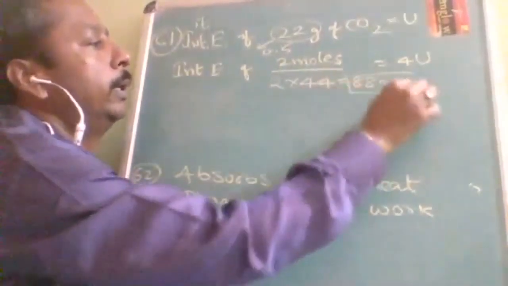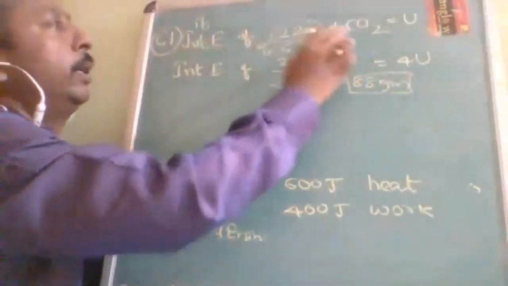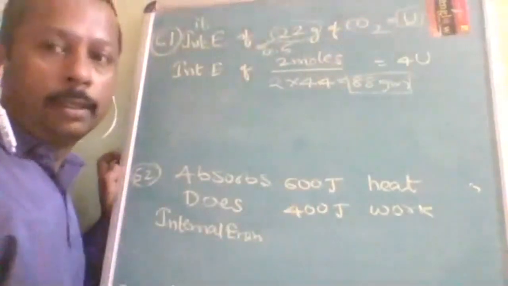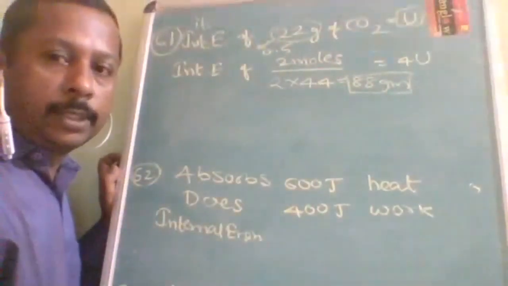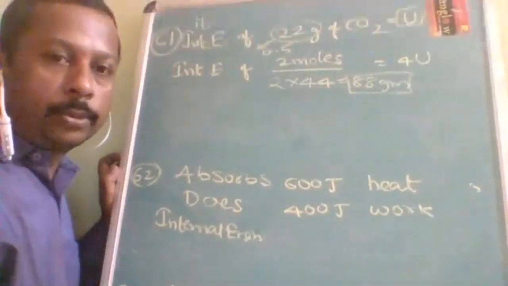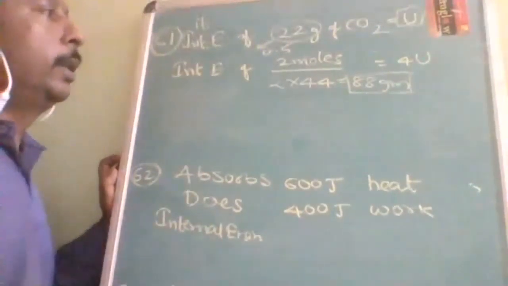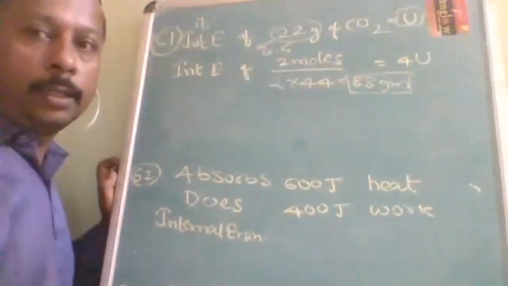Is it understood, students? The main problem is U is given. U is not an intensive property. It changes with change in quantity, directly proportional to quantity. So that's why this question's answer is 88 grams or 2 moles.